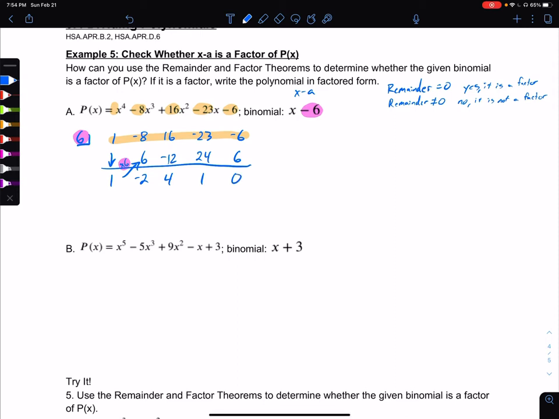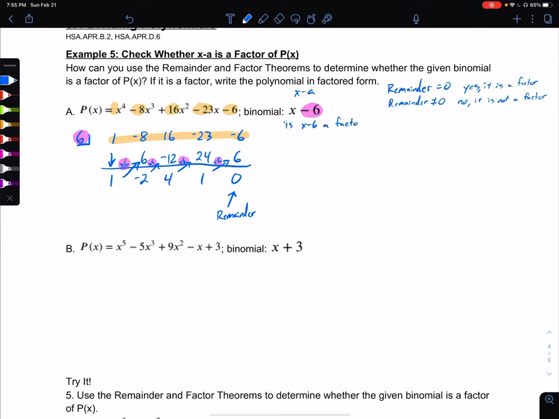All right, I said I wasn't going to, but I'm going to put my arrows back in here so we can remind ourselves what we did. So these are all times 6. So in this case, our remainder is 0. So what does that tell me? The question really is we're asking, is x minus 6 a factor?